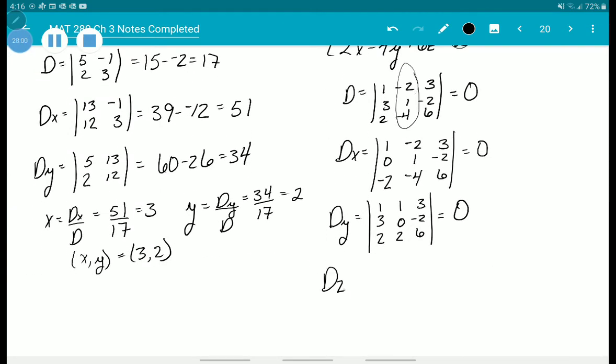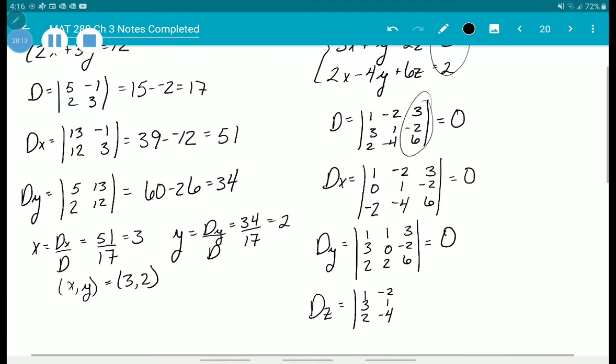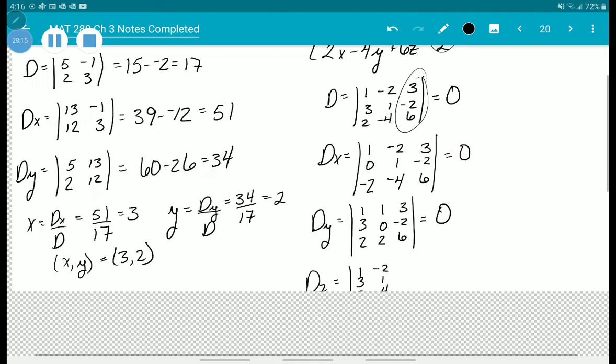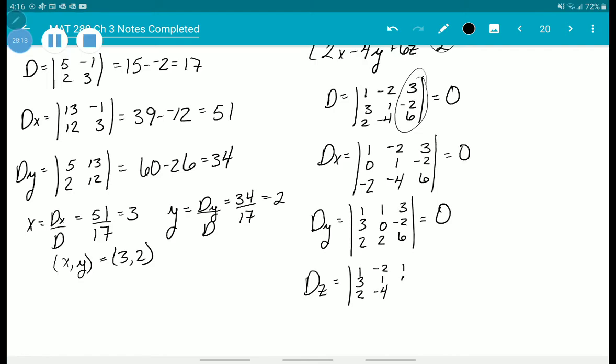And then Dz is going to replace that third column. And I got 0 for that.